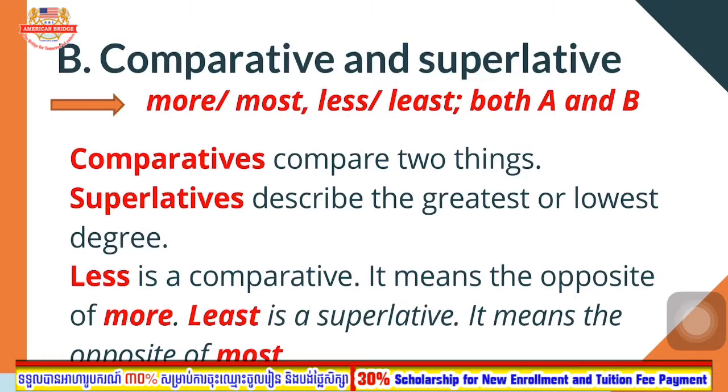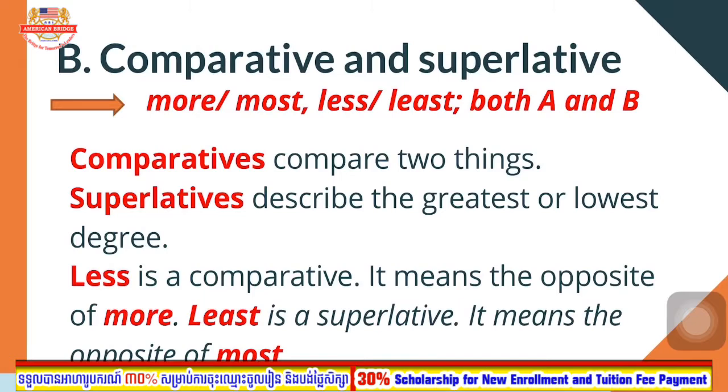Okay, students. So when we use comparative for an adjective that has one syllable, we add er, or ier when it has y at the end, so we have to change y to ier.